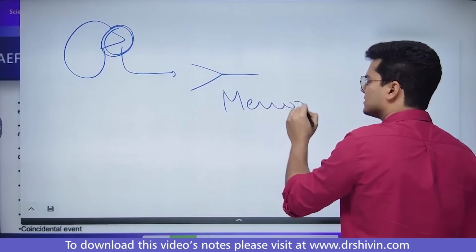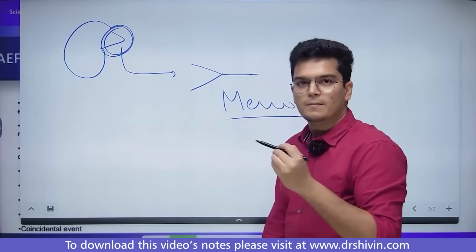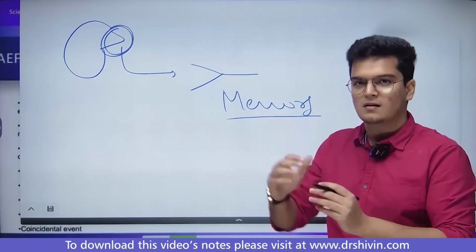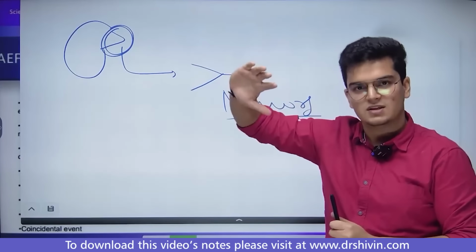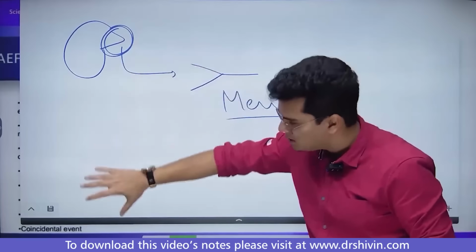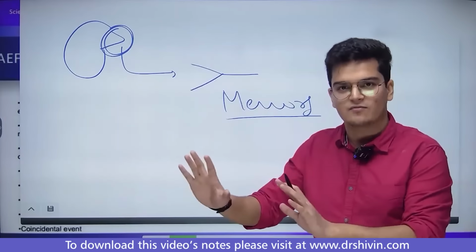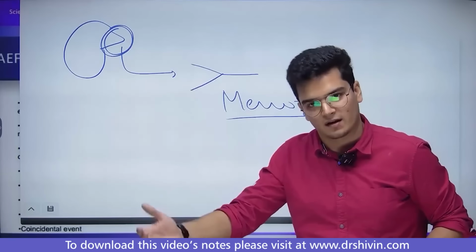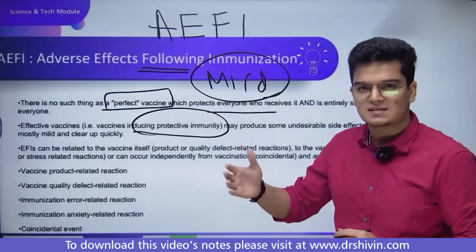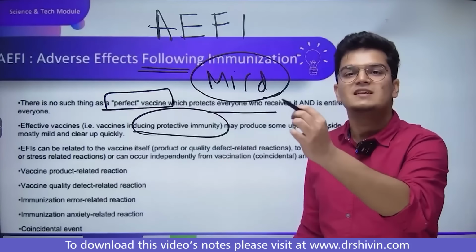The side effects are very little, the memory generated is very high. So when you get the actual disease, you will already have memory and your response will be much quicker. So an effective vaccine has fewer side effects and more immunogenicity.